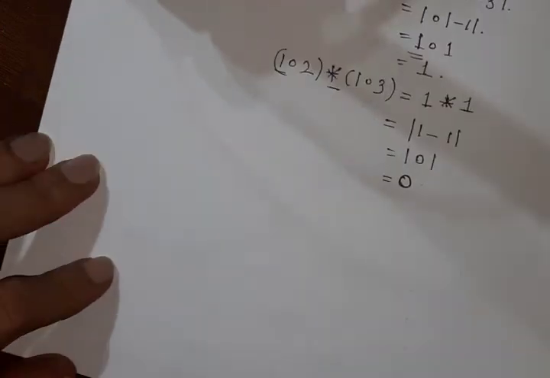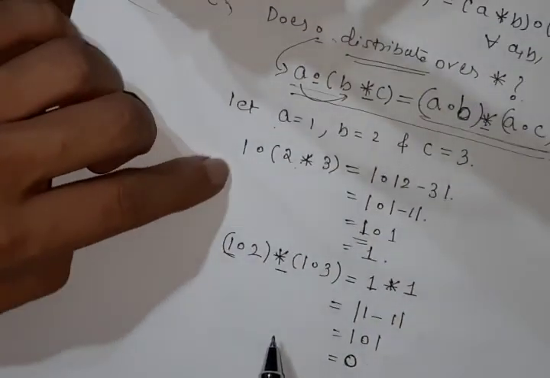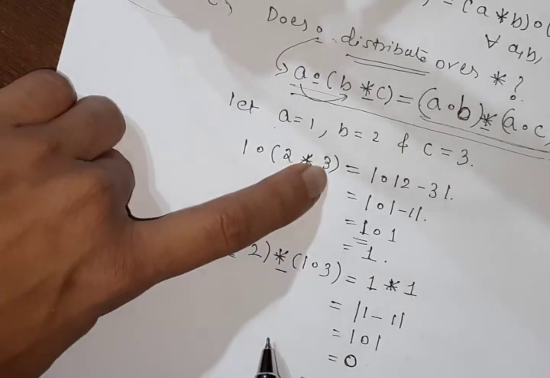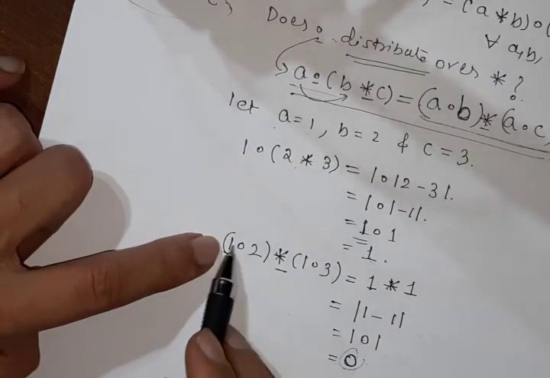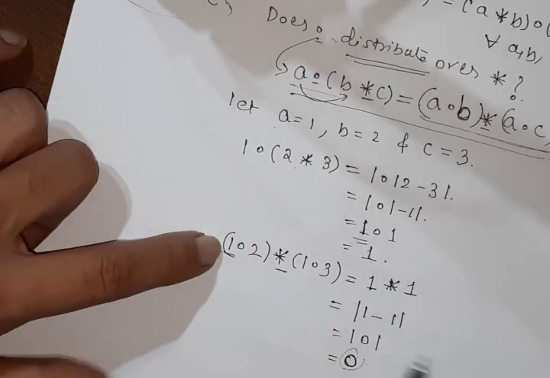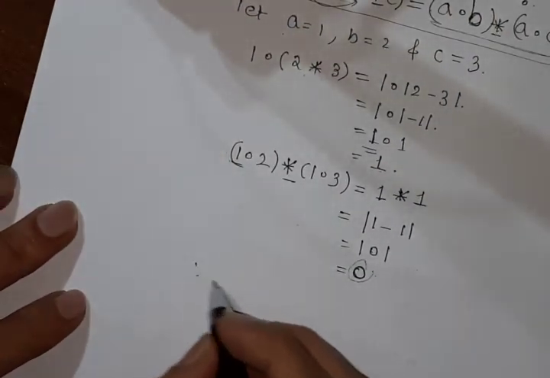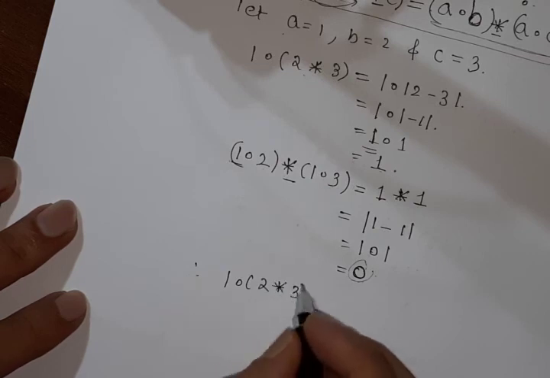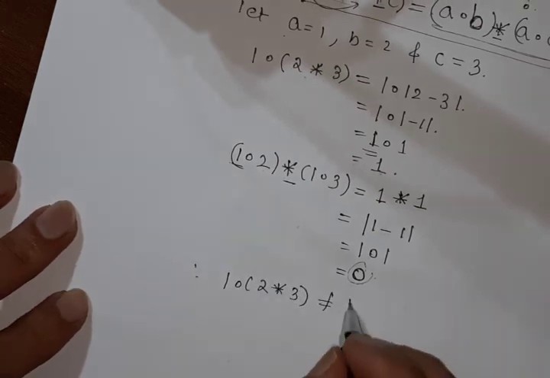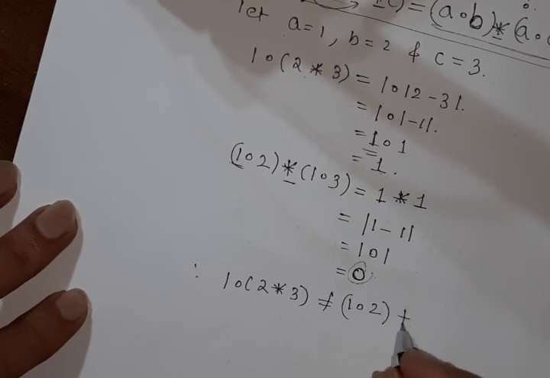So what we get is 1 O (2 star 3), that is 1, is not equal to 0, which is (1 O 2) star (1 O 3). So therefore 1 O (2 star 3) is not equal to (1 O 2) star (1 O 3).